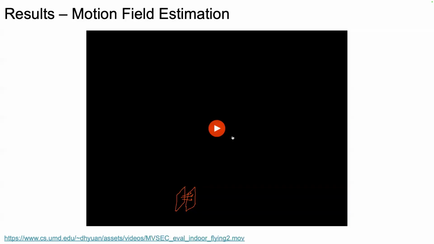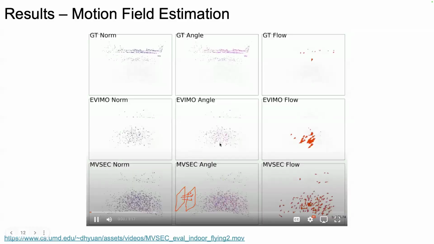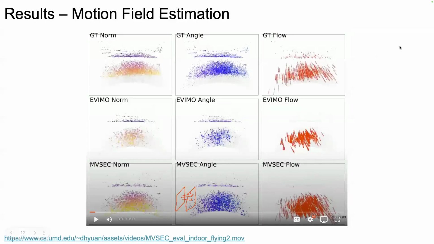However, this will cause a problem. Suppose you have different data sets, with different cameras. They will have different focal lengths and different distortion coefficients. If you look closely at this data set, the distortion is actually very large. The frame will look like that. And suppose you train on a data set which is planar.